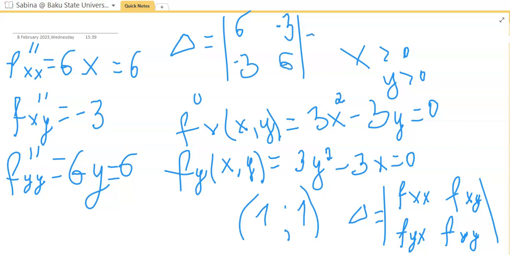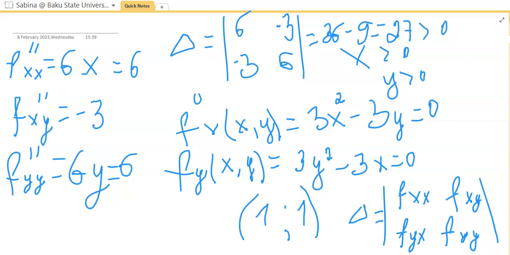And determinant of it, 36 minus 9 is equal to 27, and 27 is greater than 0.